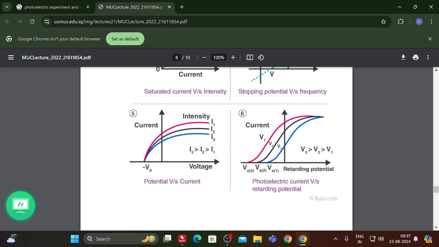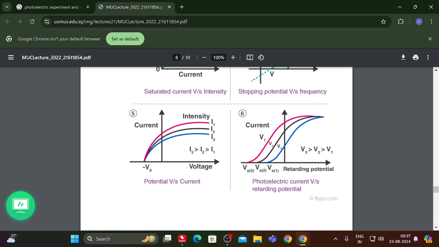This is the collector plate potential you are giving. When it is positive, according to the intensity, you can see the current is increasing. Finally, it will be constant. This current is called saturation current. Are you able to understand?